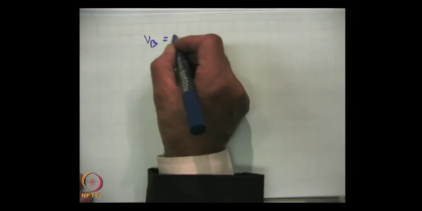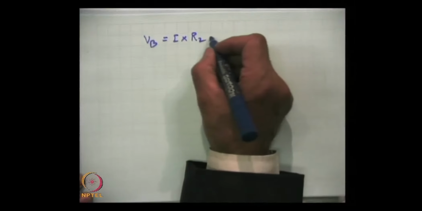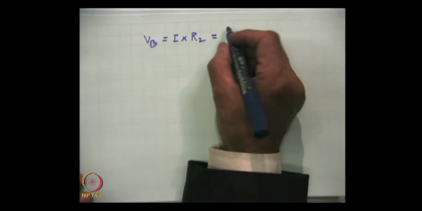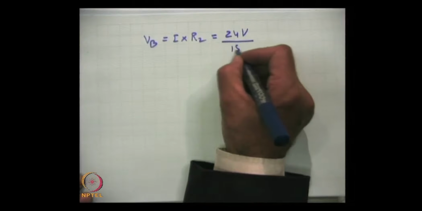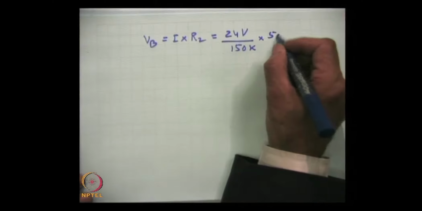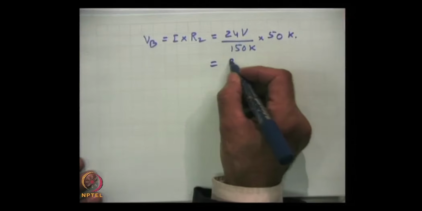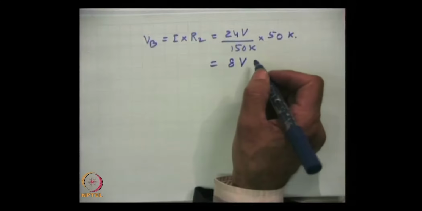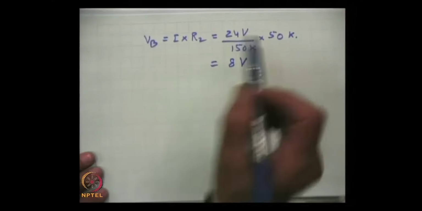So, the voltage VB is current into the resistance R2, which is 50 K. So, I is 24 volts by 150 K into resistance R2, which is 50 K, and this is equal to 8 volts. So, this voltage is 8 volts, and this is flowing.